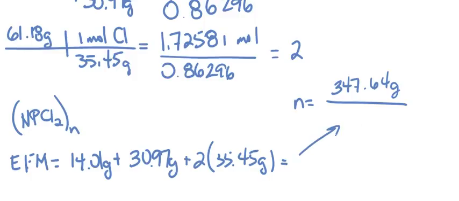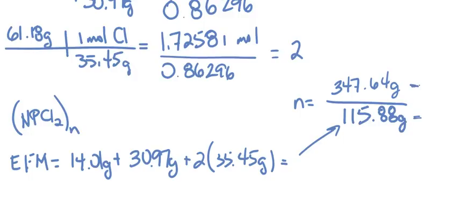All right, so 14.01 plus 30.97 plus 2 times 35.5 equals 115.88. Okay, so my empirical formula mass is down here. I just calculated that. That was given.